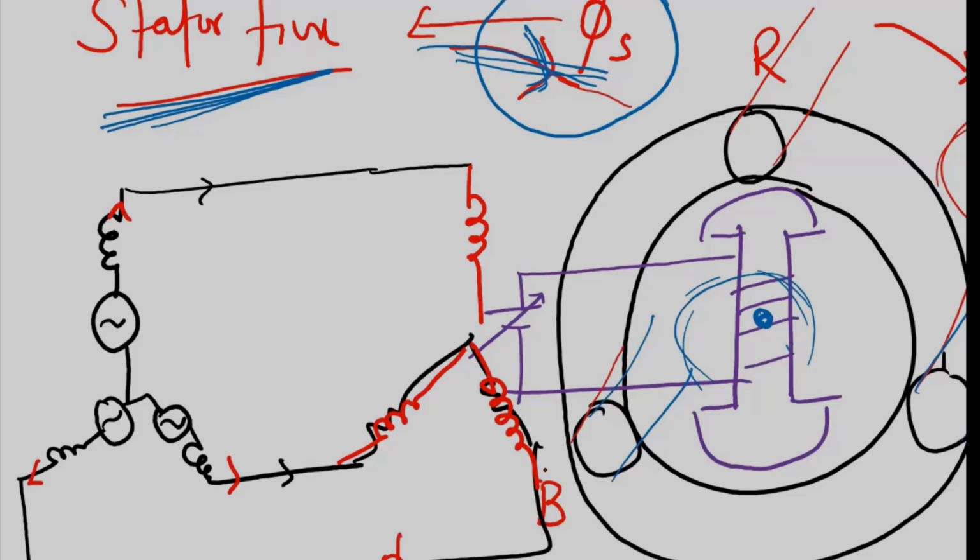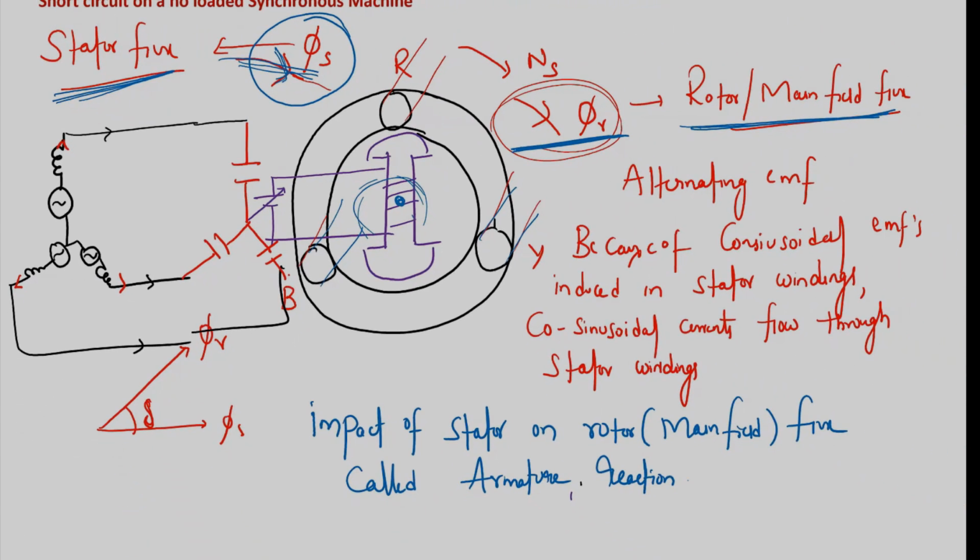If I connect a pure capacitive load, then the nature of this armature reaction is purely magnetizing. So depending upon the nature of current flowing through the armature windings, the armature reaction will change.